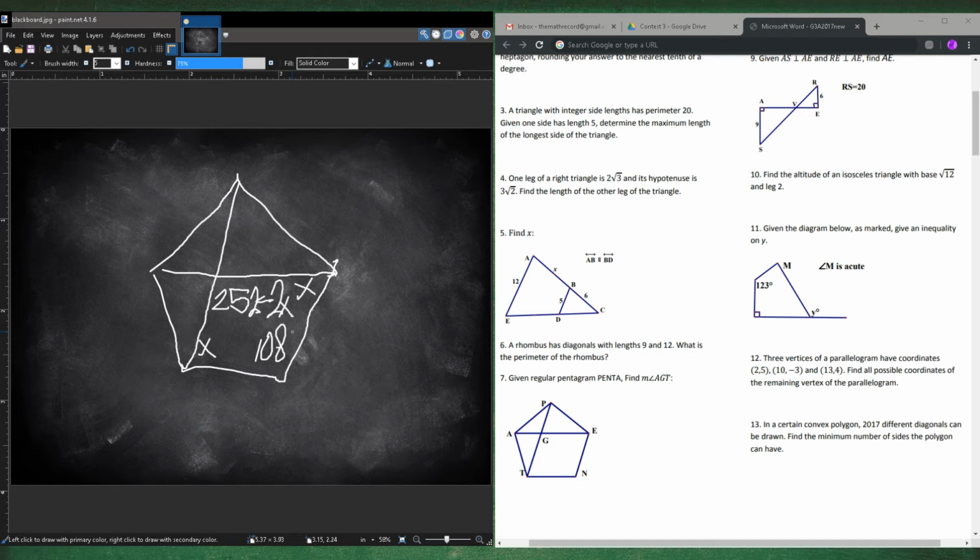Okay, and since this angle also adds up to 108, that means this angle has to be 108 minus x.